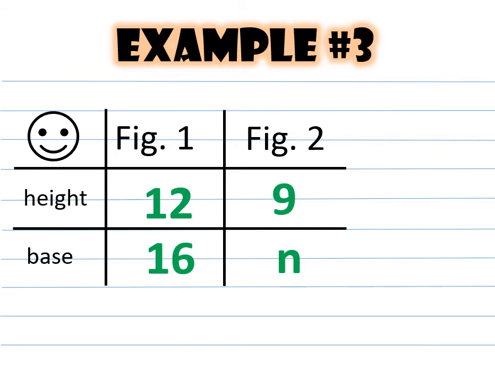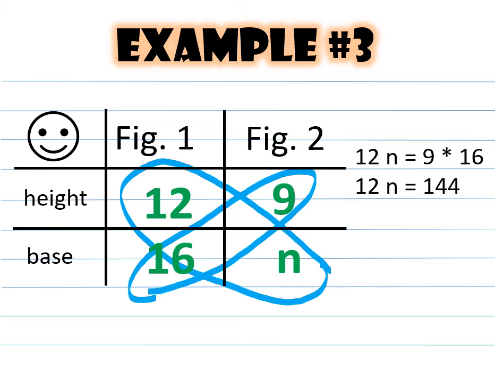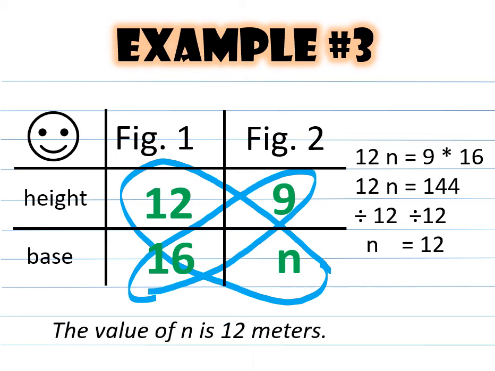Let's go ahead and cross multiply 16 times 9, and we're going to cross multiply 12 times n. When we multiply 16 times 9, we get 144. Next thing we're going to do is divide that by 12, and we get 12. So that means that the value of n is 12 meters.